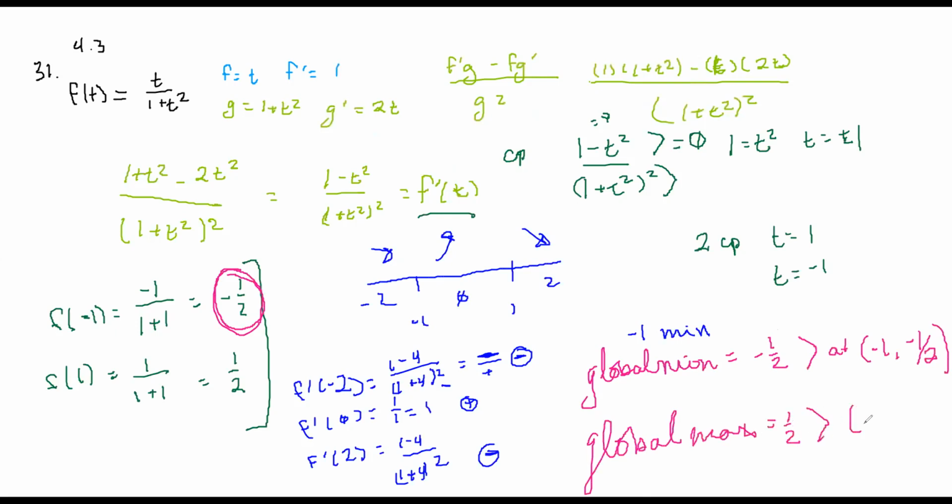This is at 1, 1/2. And we're assuming that based upon the evidence that we have, this function is not going to ever have a y value that is above 1/2 or below -1/2. So it's got a really small range.